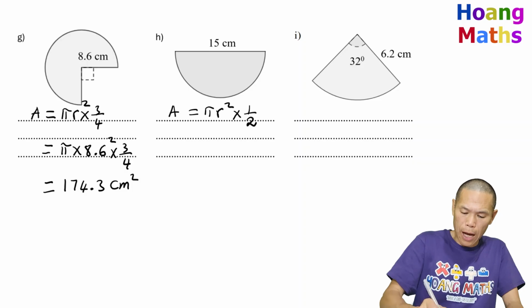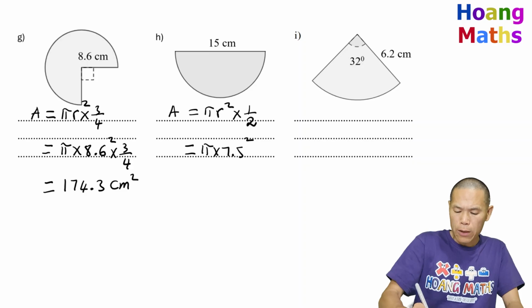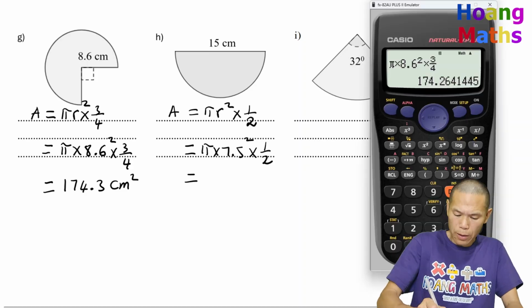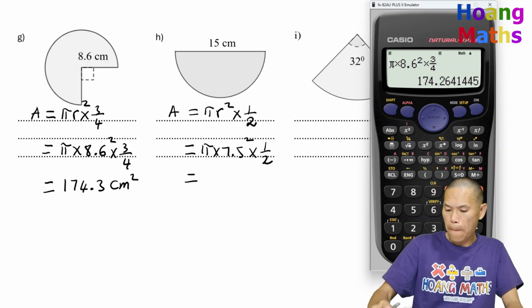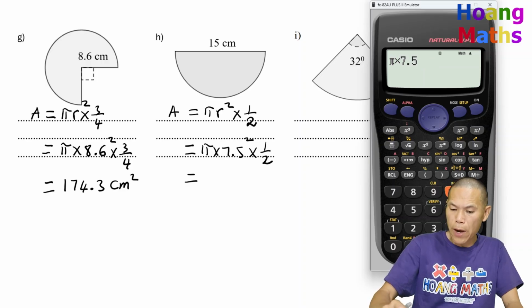So now that becomes equal pi times 7.5 squared with times a half. That is equal to, so just go shift pi times 7.5 squared with times 1/2.